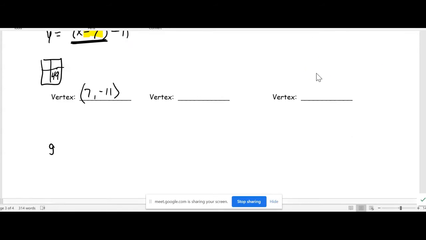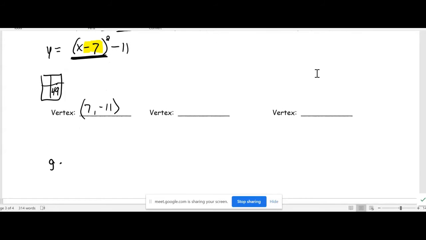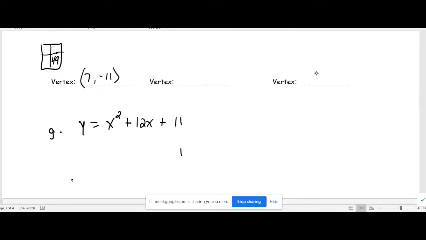Add a G. Let me give you one more nice one before we start throwing in fractions and decimals. So let's do this. Let's do y equals x squared plus 12x plus 11. And do G for me and figure out what that vertex would be. We'll do another nice one first.